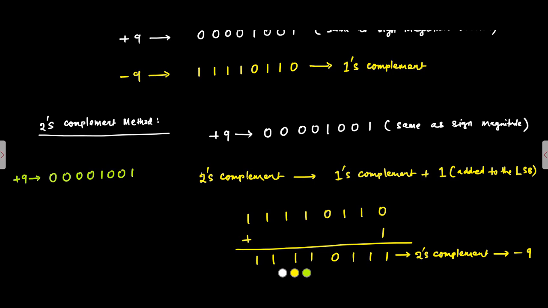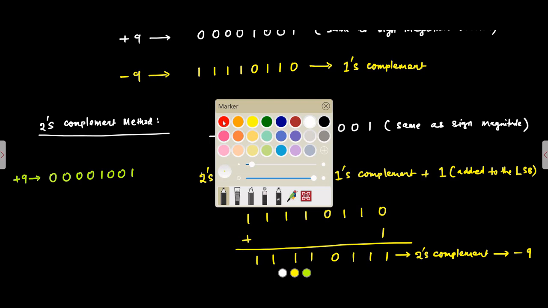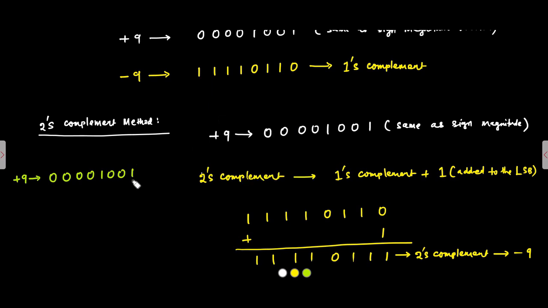Here you start from the LSB side until you arrive at the first 1 bit. Here the LSB bit itself is 1, so only that will remain constant, as 1.